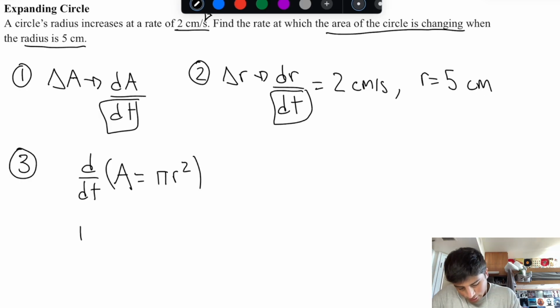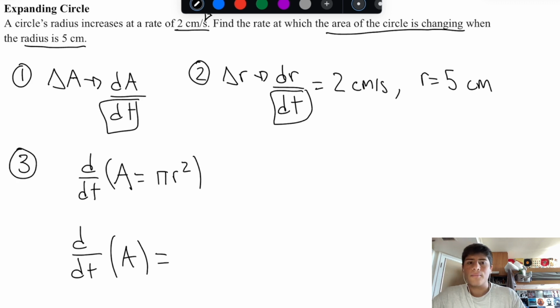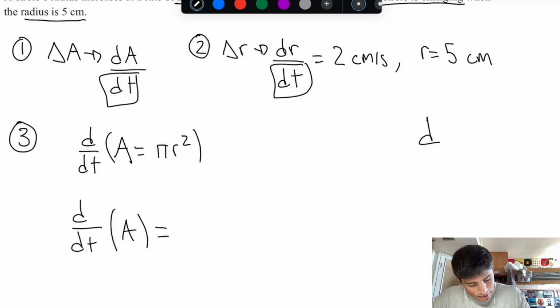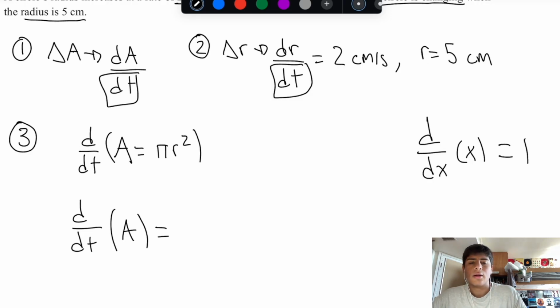Okay, let's start off with the left side. d over dt of A. Actually, let's take a quick pause and look at d over dx of x. This we know is 1. But why is it 1?